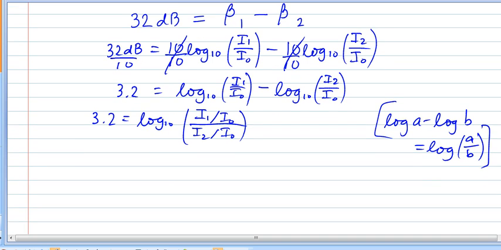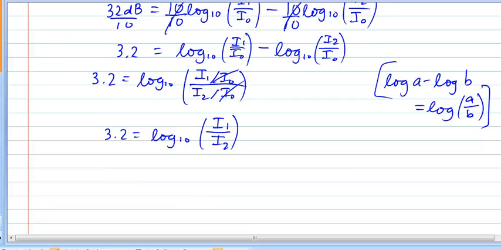And so what this is going to tell us is that the I0s are going to cancel out, and 3.2 is equal to the log base 10 of I1 over I2. Okay, so this tells us that the starting intensity without the earplugs is going to be greater than the final intensity with the earplugs.